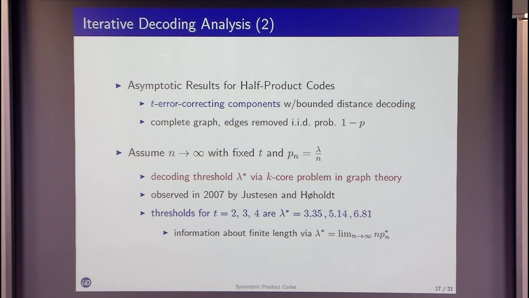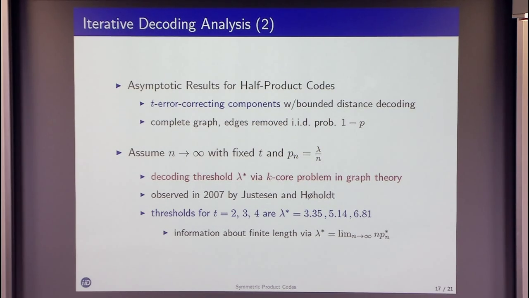In particular, you can have asymptotic results in this regime, where the lengths of the codes are growing without bound, but they're correcting a fixed number of errors, say 3 error correcting codes. So of course the rate's going to 1. It's a little bit of a strange regime, but this is where you can actually prove something. So we say n goes to infinity with fixed error correction t, and I'm assuming that my error rate scales like lambda over n.